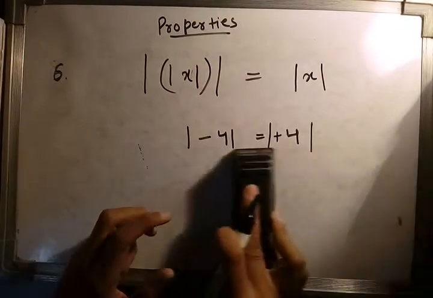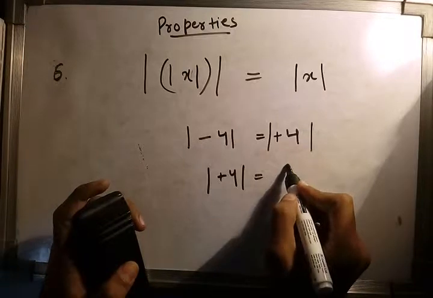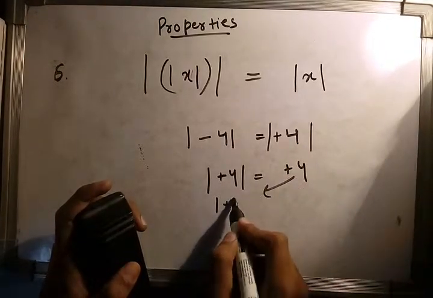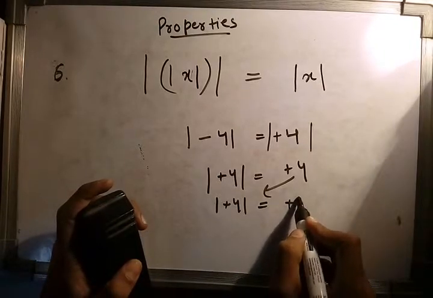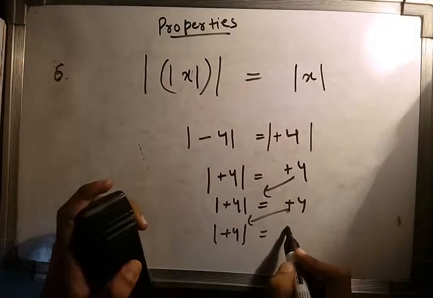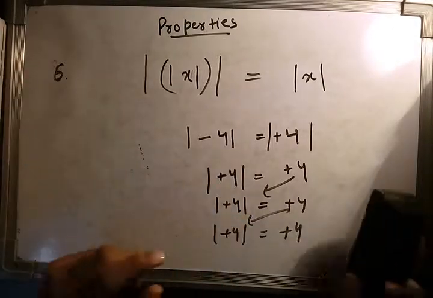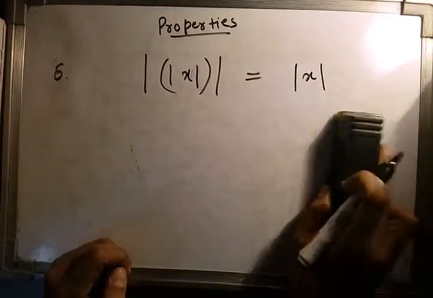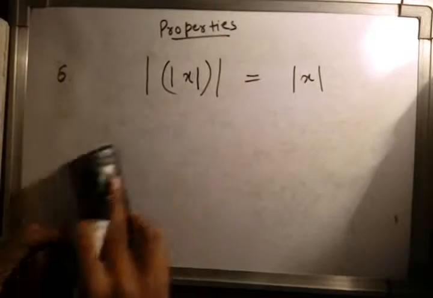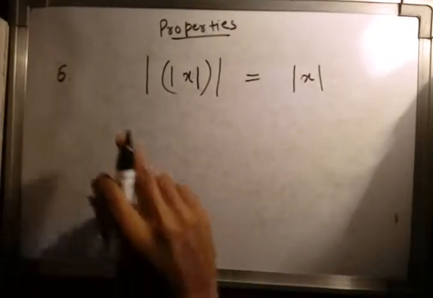If I take the modulus of +4 again, it gives +4, and again it's +4. So you got the idea: if you take it n times, it's still the first modulus of the number. This property is not quite useful, but I should tell you about it.